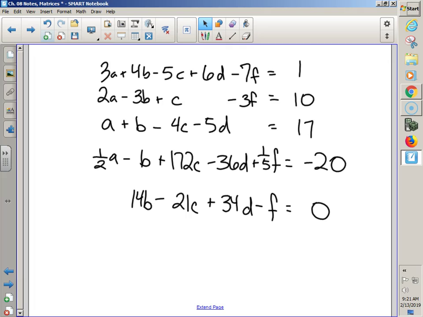Now you want to be on your home screen, not inside editing a matrix. Once this is in, it's probably called A. Is it matrix A for all of you? Is that what you're editing? You want to exit out of the matrix menu, go to the home screen, and then go to your matrix menu and hit that math button.